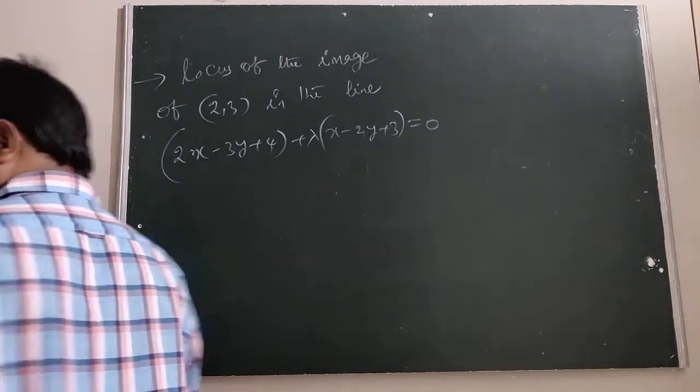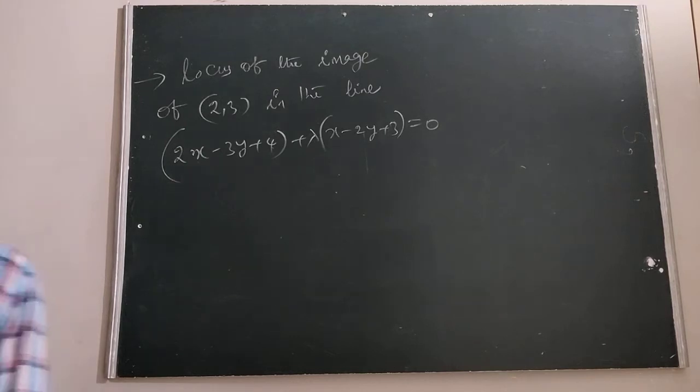So now we have to find the locus of the image of (2, 3) in the line.